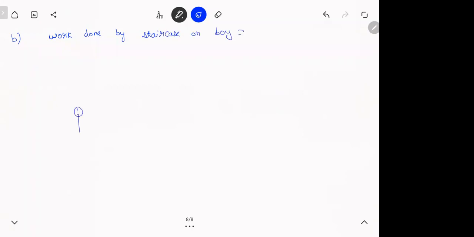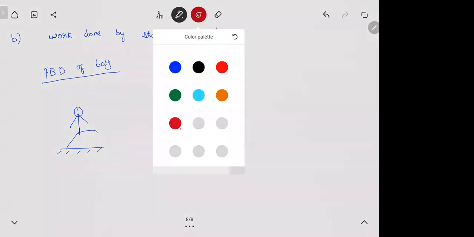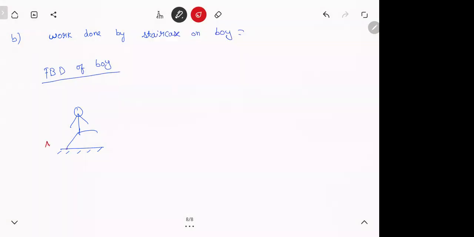When you're walking, see, this is how you're walking. So we are drawing the FBD of the boy. You will see something interesting here. If I call this point A and if I call this point B, on A there is a force, but is A moving? Think now, when you're walking, the leg which is in contact does not move.